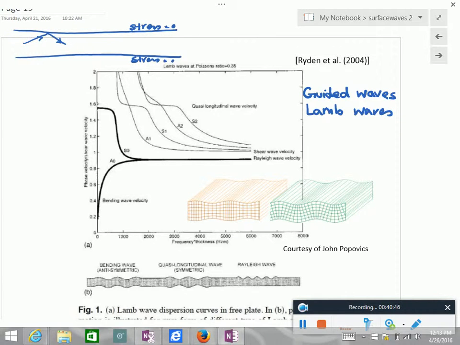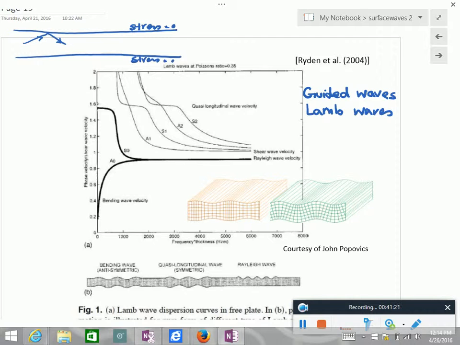It means that at every frequency times thickness, for example here, we can have multiple kinds of waves propagating. So for example here at this frequency you have A0, the fundamental antisymmetric mode. And you also have S0, the fundamental symmetric mode. But we don't have any other. They all go to infinity here.